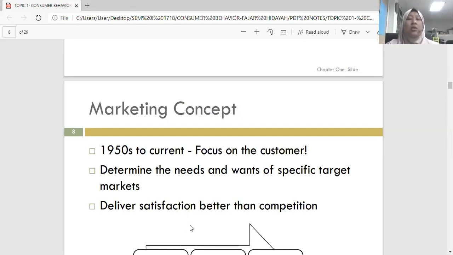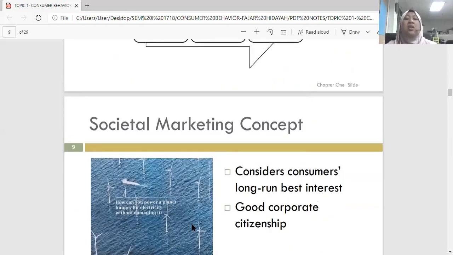Okay. All right. So we go to the next one, the societal marketing concept. If you have heard about the term corporate social responsibility or CSR, this is more on that. So in the societal marketing concept, they consider the consumer's long run best interest.